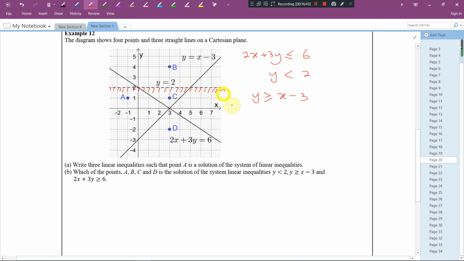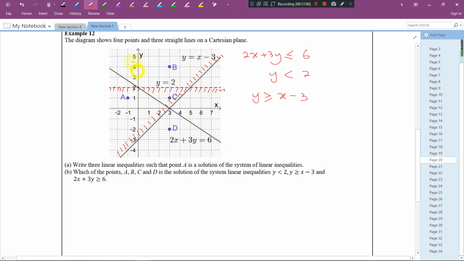Below. Y is greater than or equal to x minus 3. Y is equal to x minus 3, greater than or equal to, above. And 2x plus 3y is greater than or equal to 6.